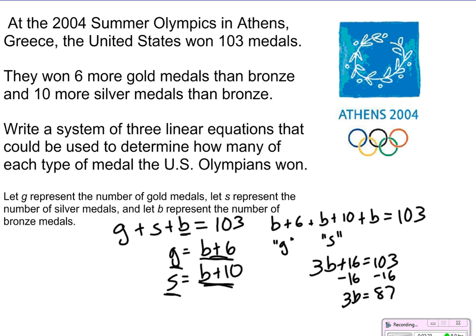And divide that by 3. So B will equal 29. So that means they won 29 bronze. So if they won 29 bronze, then that means that they won 35 gold, just add 6. That means that they won 39 silver, just add 10.